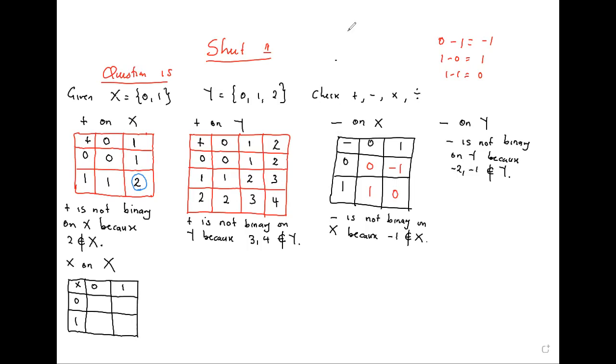There we go. 0 times 0, we get 0. 0 times 1, you get 0. 1 times 0, you get 0. 1 times 1, you get 1. So multiplication is binary because all our solutions are elements of X.